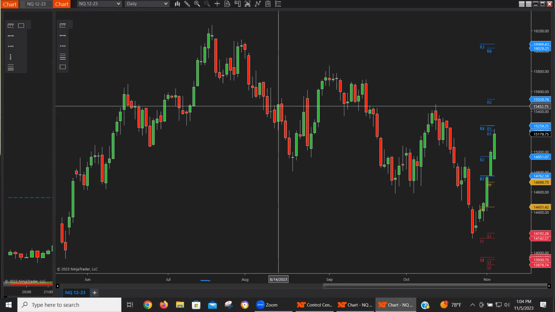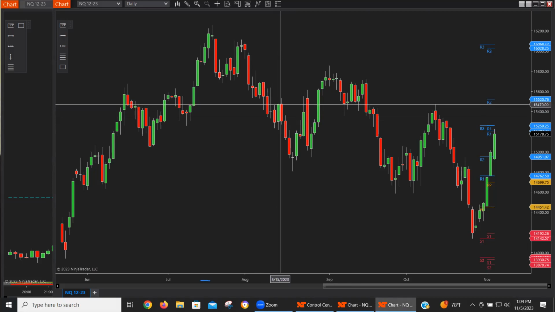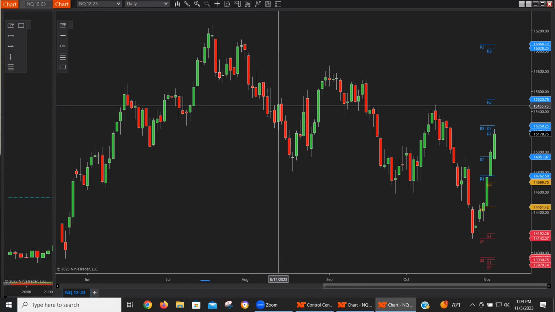Okay. Next day, closed up here. This candle opened up here. Now, the liquidity right now is above this candle and below this candle, right? Okay.